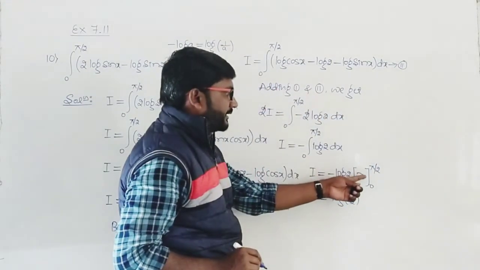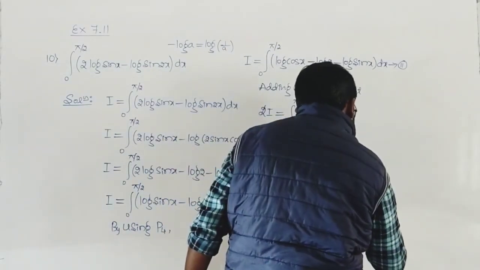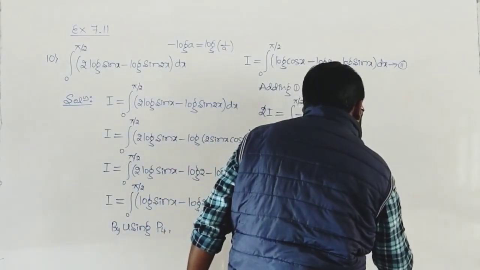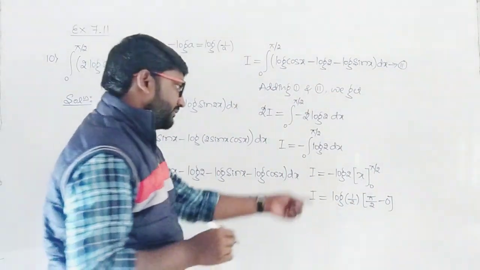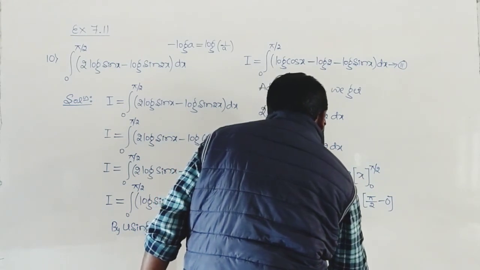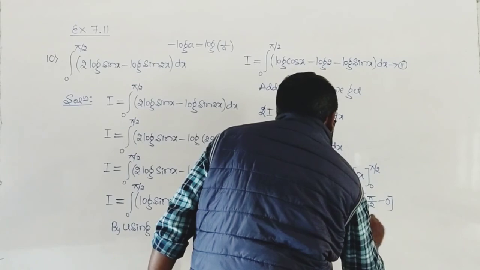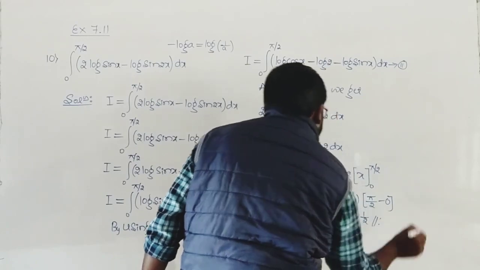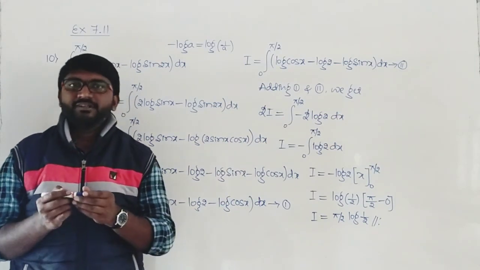Then apply the limit here, pi by 2 minus 0, upper limit minus the lower limit. Pi by 2 minus 0 is pi by 2, that I will be writing in the beginning. So I is equal to pi by 2 into log 1 by 2. This is the answer for the 10th problem. So pause the video to note it down.